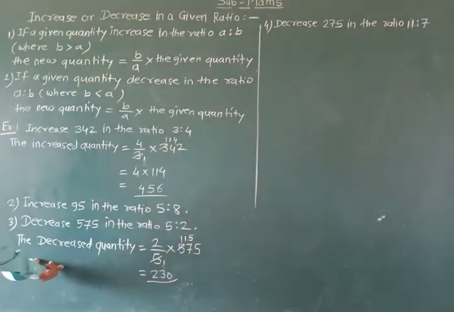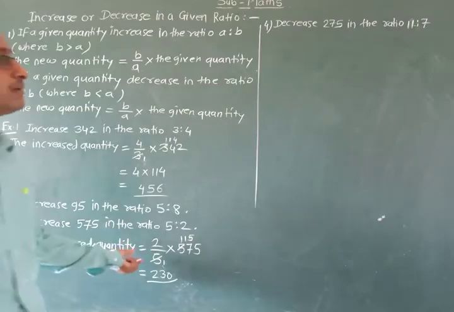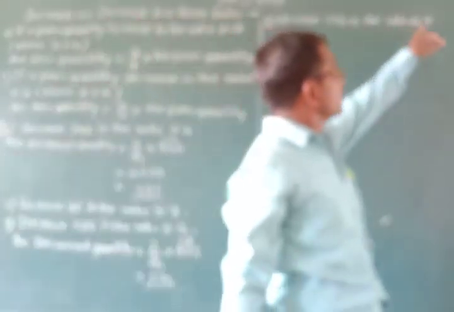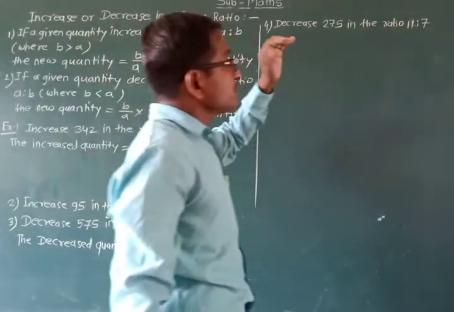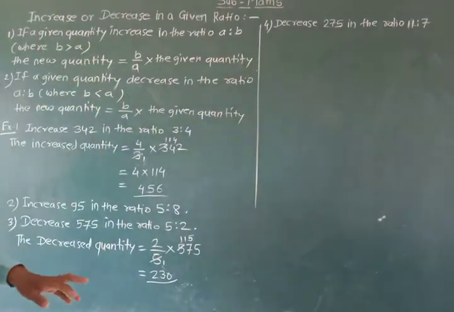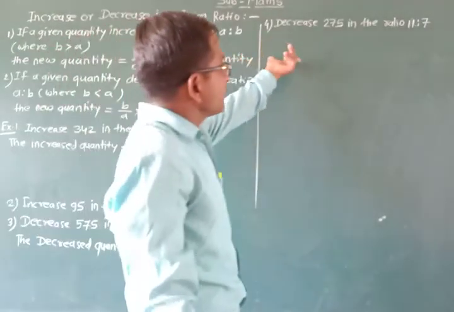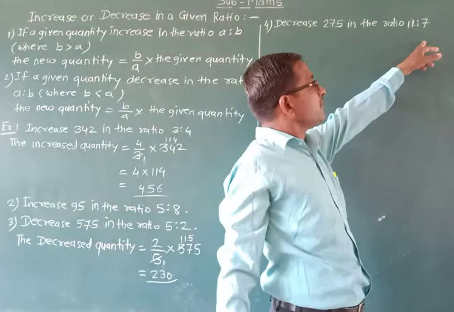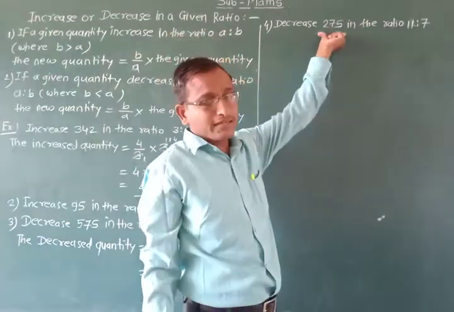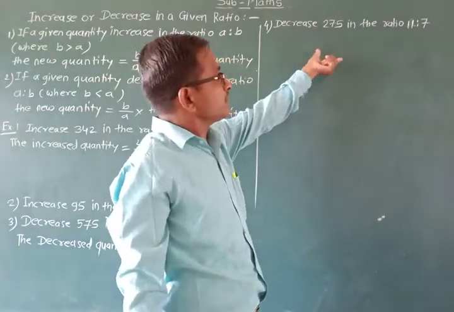First you write the decreased quantity is equal to, the smaller value here is 7. So you take the ratio 7 upon 11. So the decreased quantity is equal to 7 upon 11 multiplied by the given quantity 275.